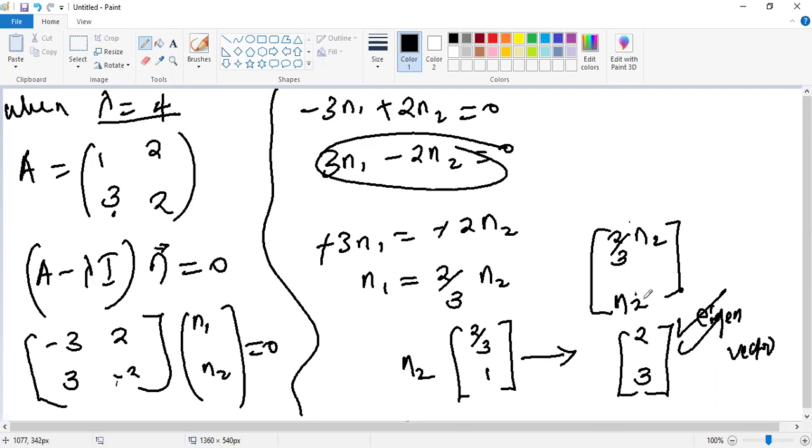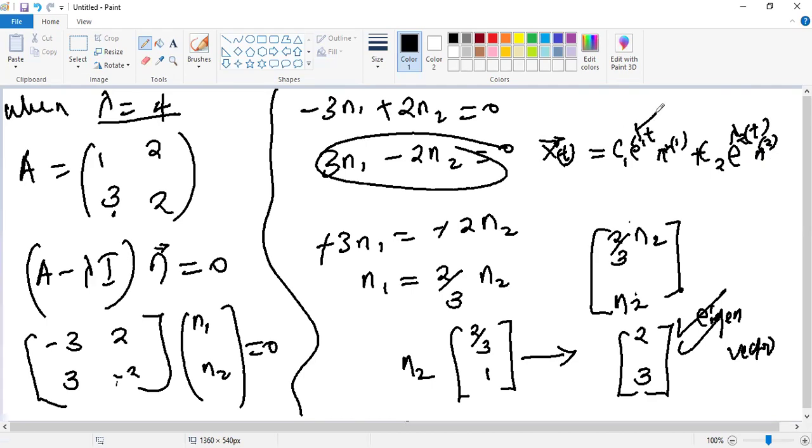Remember, how do we write the general solution? If you remember how we express the general solution, let me write it here. We said that our general solution x(t) is given by C1 exponential lambda 1 t N1 plus C2 exponential lambda 2 t N2.